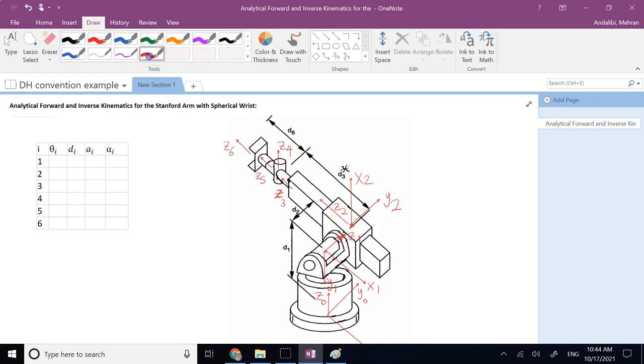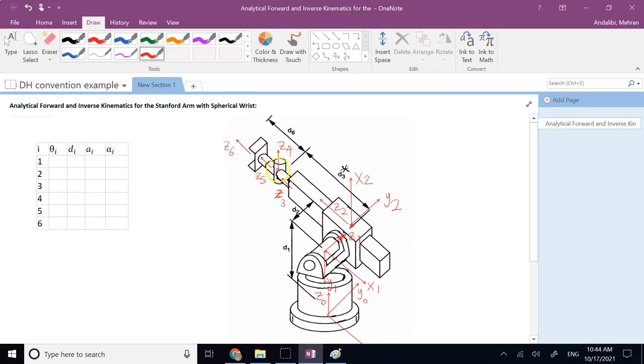So now going back to these spherical wrist axes, Z2 and Z3 are parallel, so the origin of 3 can be arbitrary anywhere along Z3. 3 and 4 intersect at the wrist point, so that's the origin of 4. 4 and 5 intersect at the wrist point, so that's the origin of 5.